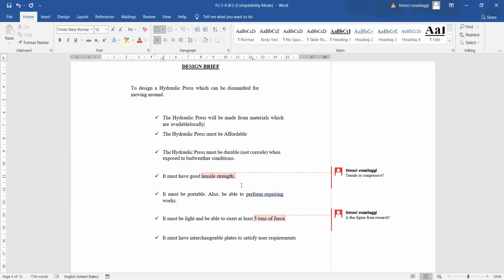So a hydraulic press is primarily used to form pieces of sheet metal, if I'm correct, or form metal basically. Tensile strength is not necessarily a property you'd need. You'd need more compressive strength, because the actual ram is undergoing compressive forces, not tensile forces. So you may need to rewrite this as must have good compressive strength.